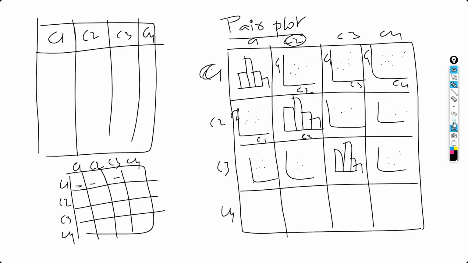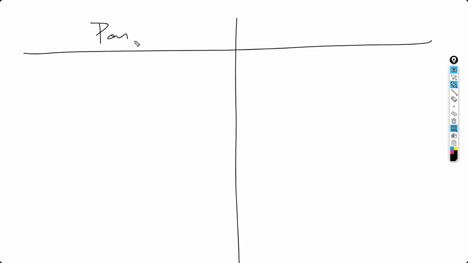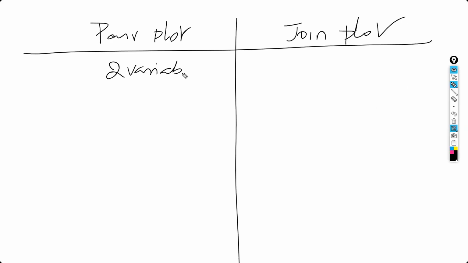Now, what is the difference between pair plot versus joint plot? That is your question. Let us take an example. Assume that exactly two variables are there. If two variables are there, how will the pair plot be?